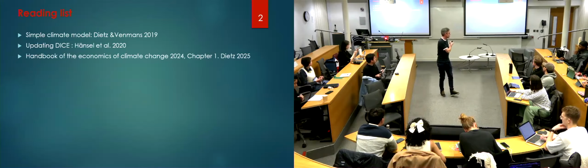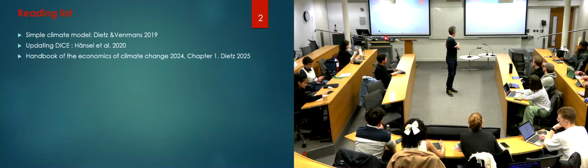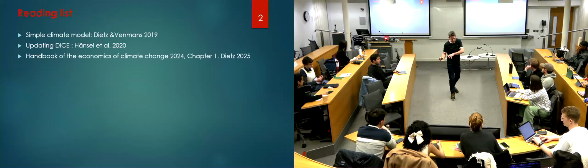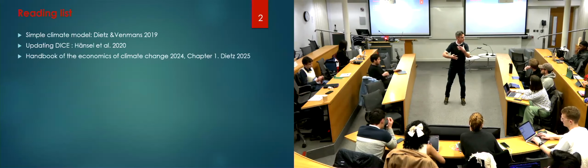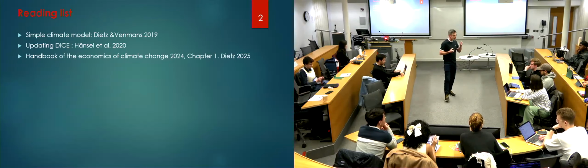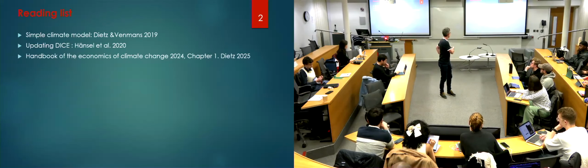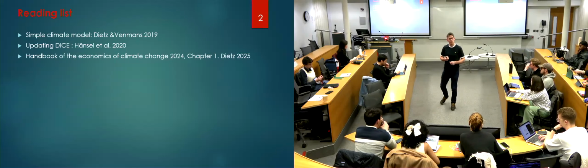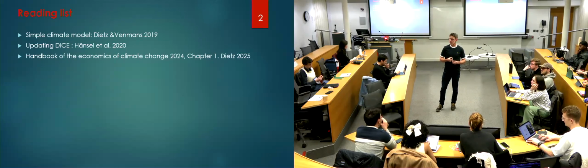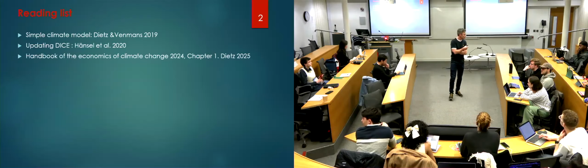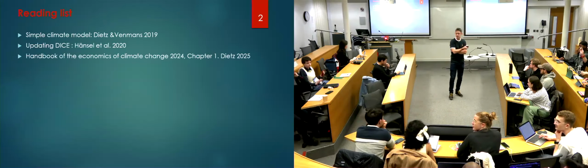also have a nice paper of a series of people who took DICE and then updated it with many different discount rates, but then also a different damage function, better climate physics, etc. And then see that with DICE. DICE is the integrated assessment model of Nordhaus, the Nobel Prize winner in integrated assessment modeling.